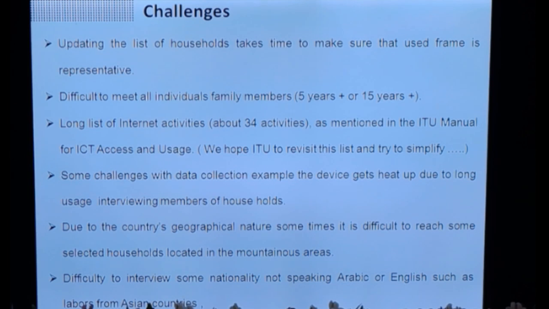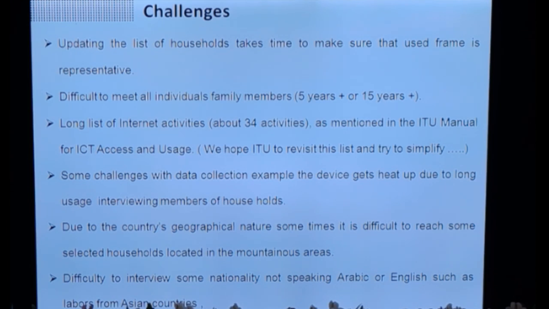So sometimes it is difficult to reach these localities to collect information related to access and usage, and we ask for assistance from the military to reach them.